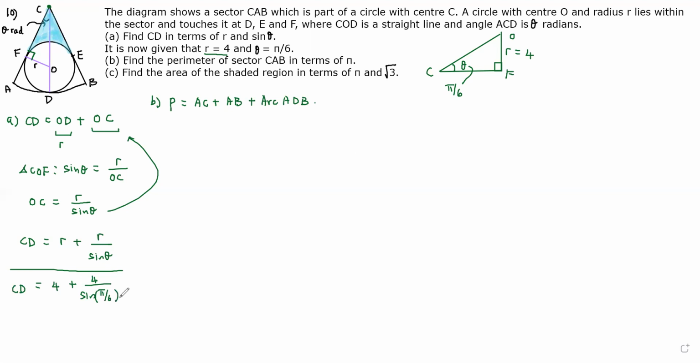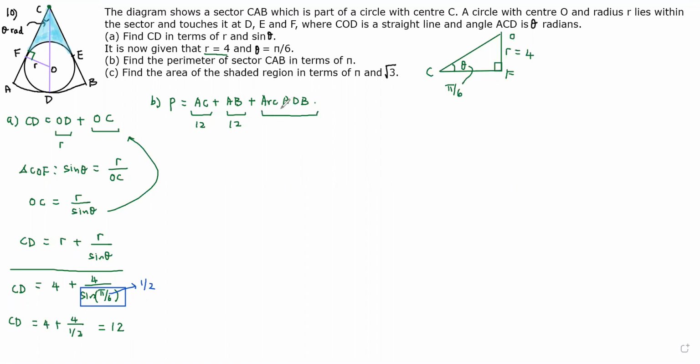But sine of pi over 6 is 1 over 2. So CD is 4 plus 4 over 1 over 2, which gives us 8, and we have 12 here. Then we know that AC is 12, and AB is also 12.